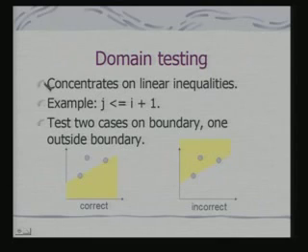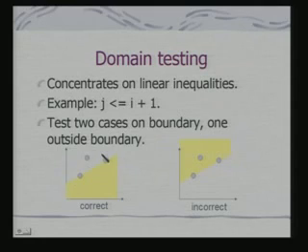Then the other thing is domain testing, when you really use inequalities. Typically we say, test two cases on the boundary and one outside the boundary. If I have an example such as j less than or equal to i plus 1, then I need to do the test on the boundary, because there can be various values of j and i, and this really defines a partition.